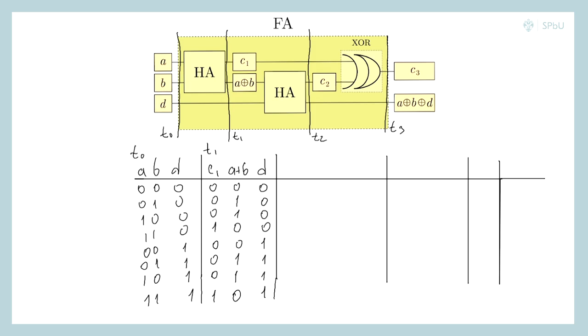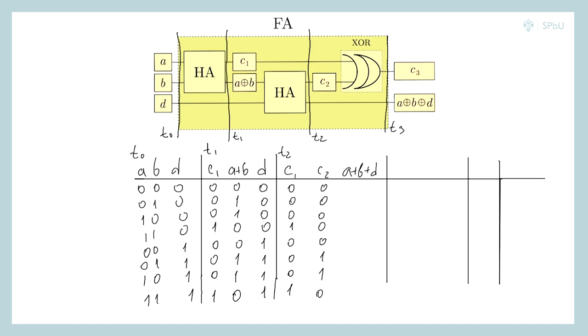After that, at the input of the second half adder, there are 2 bits, a plus b and d. So at the moment of time t2, we have bits c1, c2, and a plus b plus d. So the bit c1 at the input of the second half adder is 0, 0, 0, 1, 0, 0, 0, 1. Bit c2 is 0, 0, 0, 0, 0, 1, 1, 0.